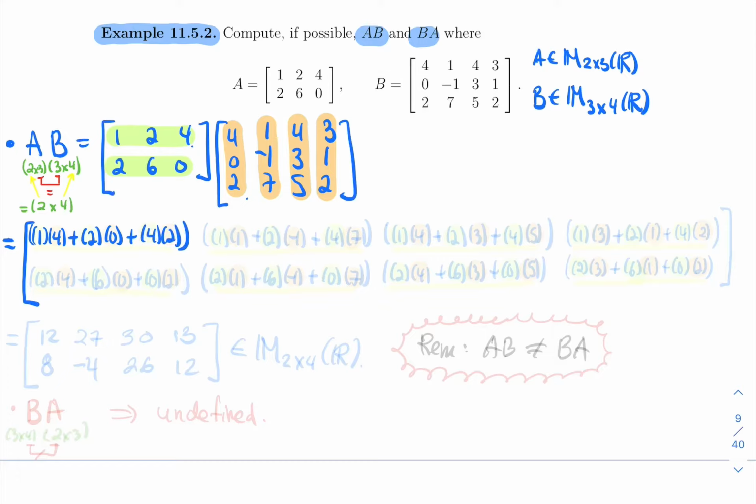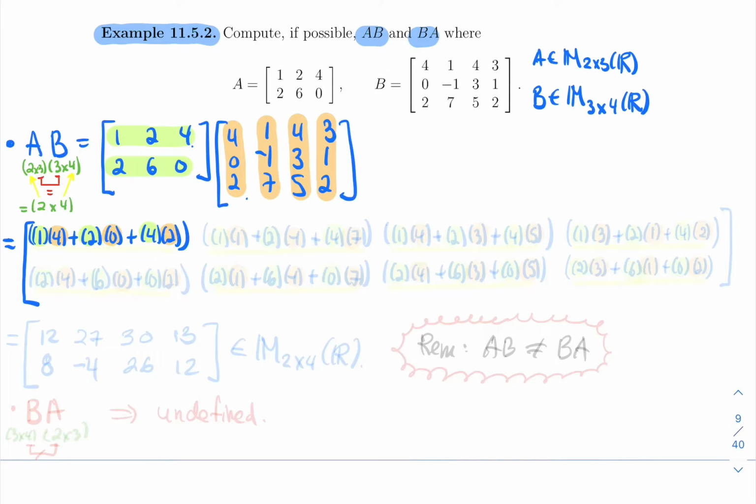So here I did the dot product. For the first row, first column, I did the dot product between the first row of A and the first column of B. If I'm using a color pattern here, I can see the entries of the first row, 1, 2, and 4, and the entries of the first column of B, 4, 0, 2.